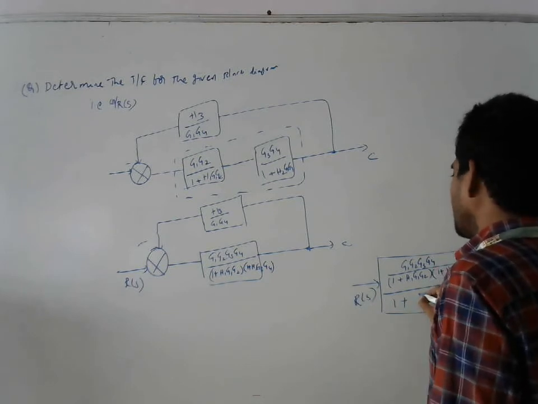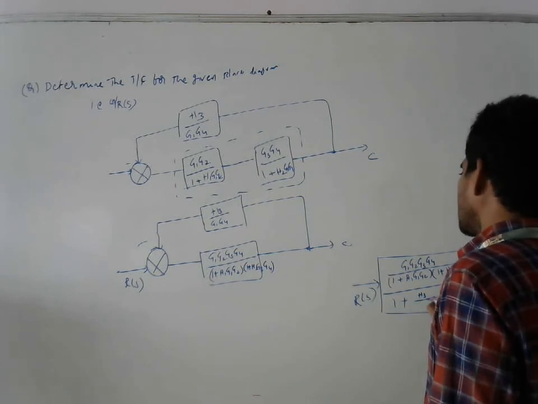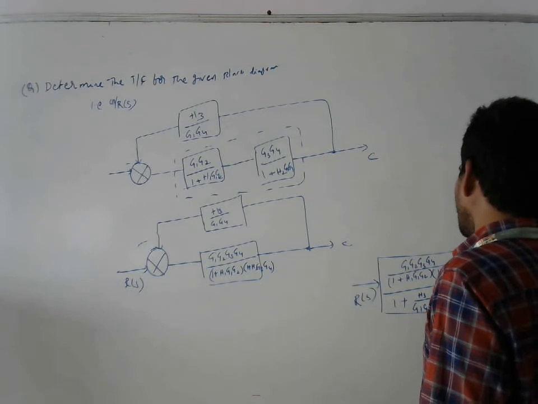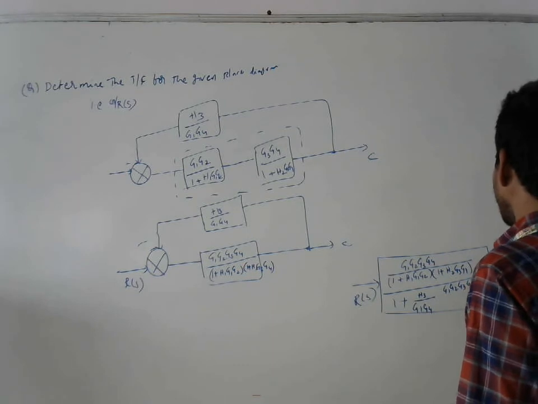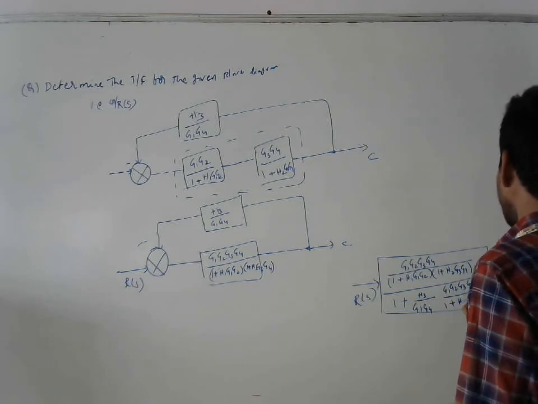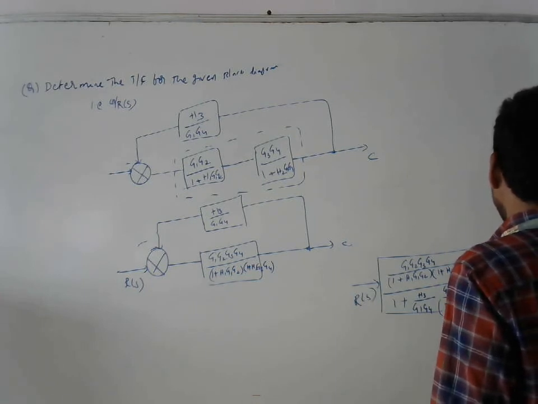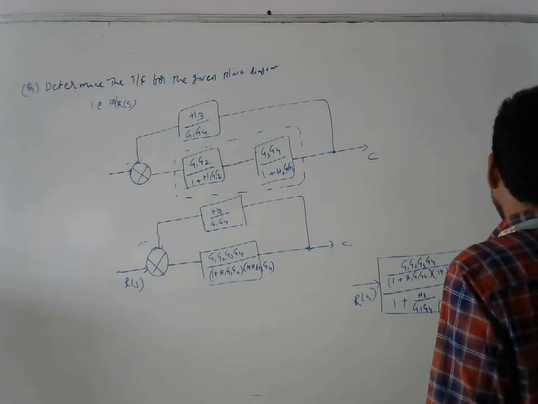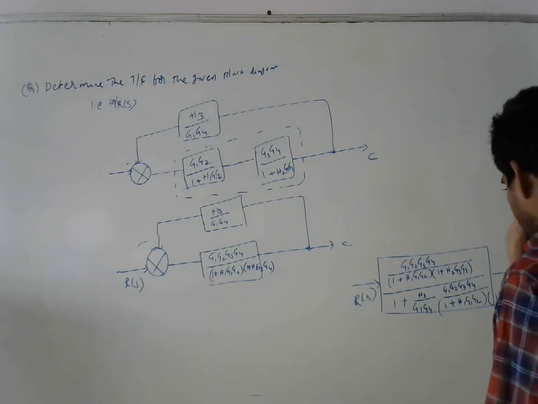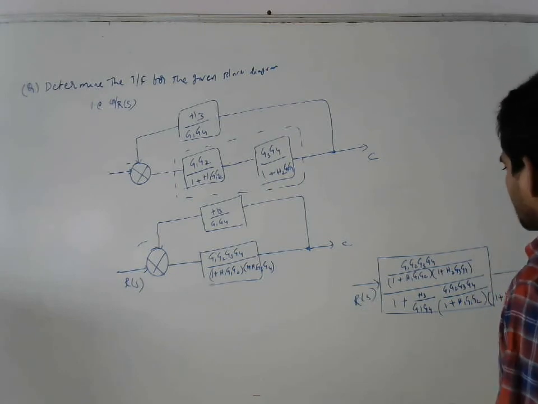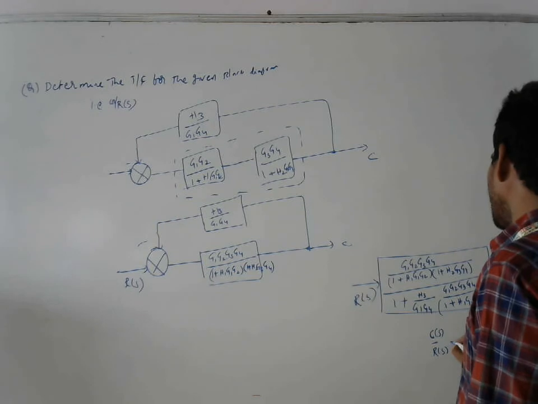So we are going to multiply 1 by H3 by G1, G4 into all this value again, G1, G2, G3, G4 divided by 1 plus H1, G1, G2 into 1 plus H2, G3, G4. Now if you are simplifying this, you can simplify and write down C of S by R of S in simple form.